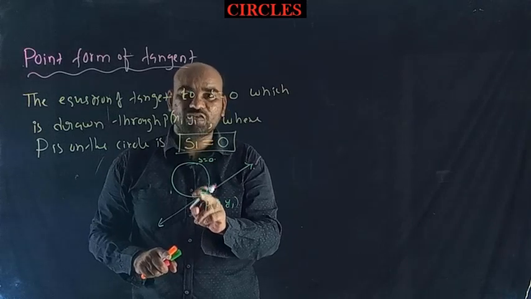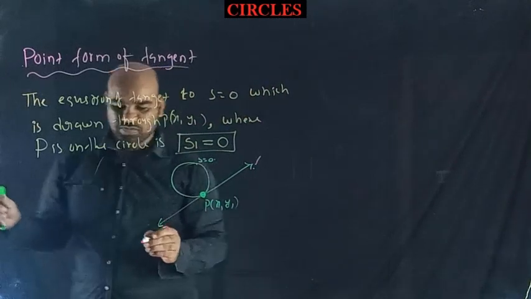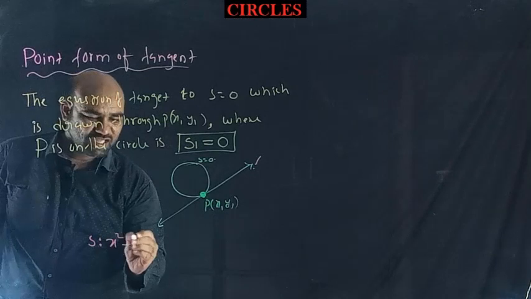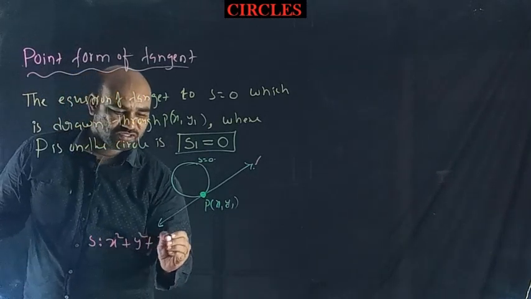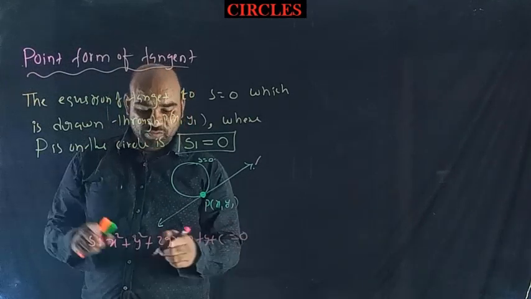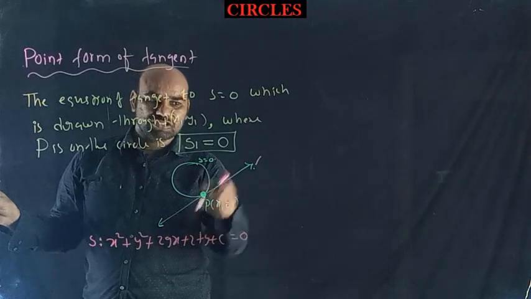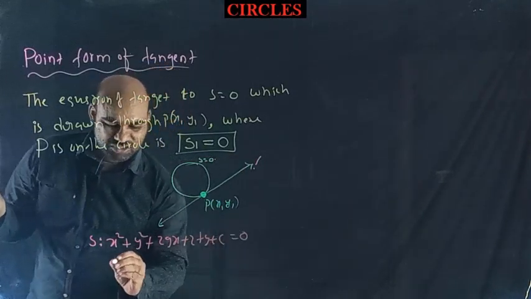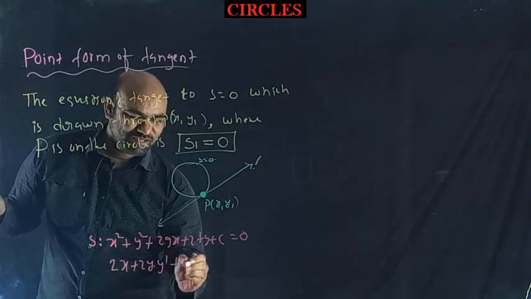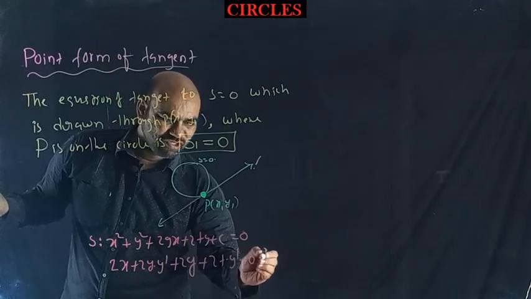First of all, I want to find the slope. What is S here? S stands for x² + y² + 2gx + 2fy + c equal to 0. From this equation, I want to find the first derivative dy/dx. dy/dx at P gives the slope of the line at P only. That's why this is 2x + 2y·y' + 2g + 2f·y' + 0 equal to 0.